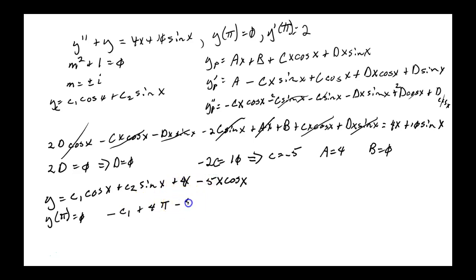Minus 5 pi, and cosine pi is negative 1, so that'd be plus 5 pi. So it looks like to me that negative C1 plus 9 pi is equal to 0. I'm sorry, I didn't put my equality in there. So if you move the C1 to the other side, you get C1 is equal to 9 pi. Don't you?